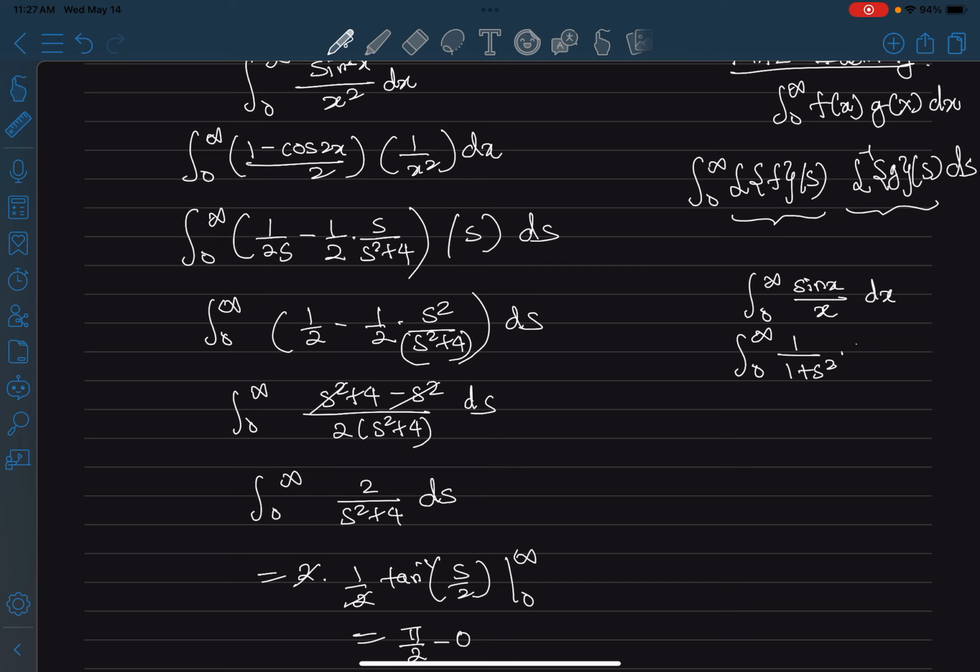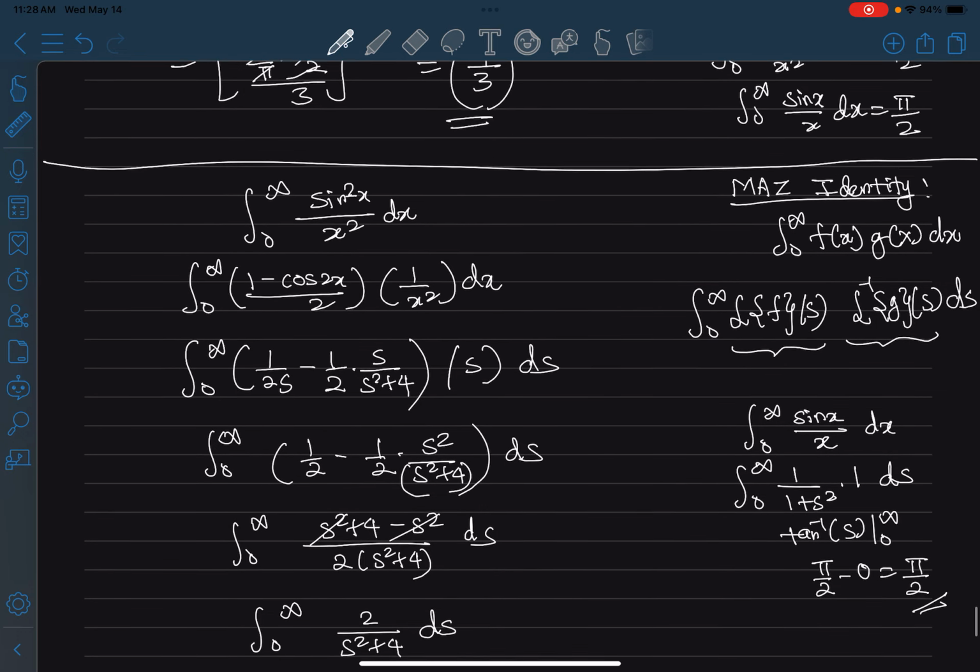The Laplace inverse of 1 by x is just 1, ds, and now this is just tan inverse s from 0 to infinity, and it's proved: pi by 2 minus 0, which is pi over 2. It's also not hard to prove Mass identity. You just need to know the definition of the Laplace transform, and you can easily do it.